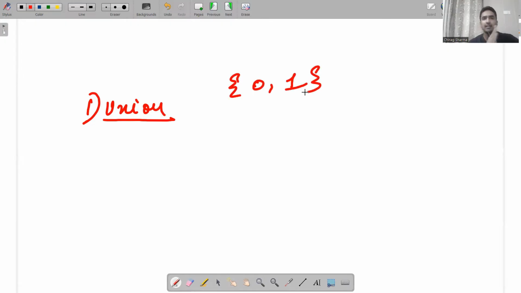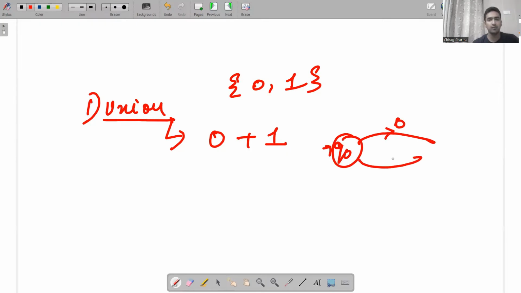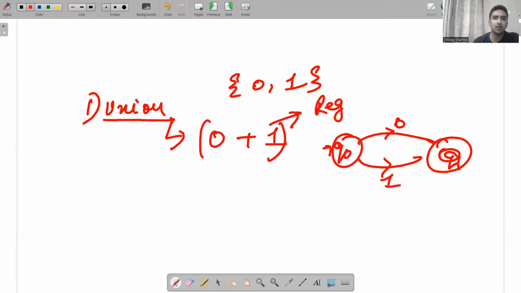It means either 0 is accepted or 1 is accepted. If I write 0 plus 1, it means that either your automata will accept 0 or it will accept 1. If you create a finite automata of it, either it will accept 0 or it will accept 1. This is your union operation, right? And what is 0 plus 1? Actually, this is known as your regular expression.